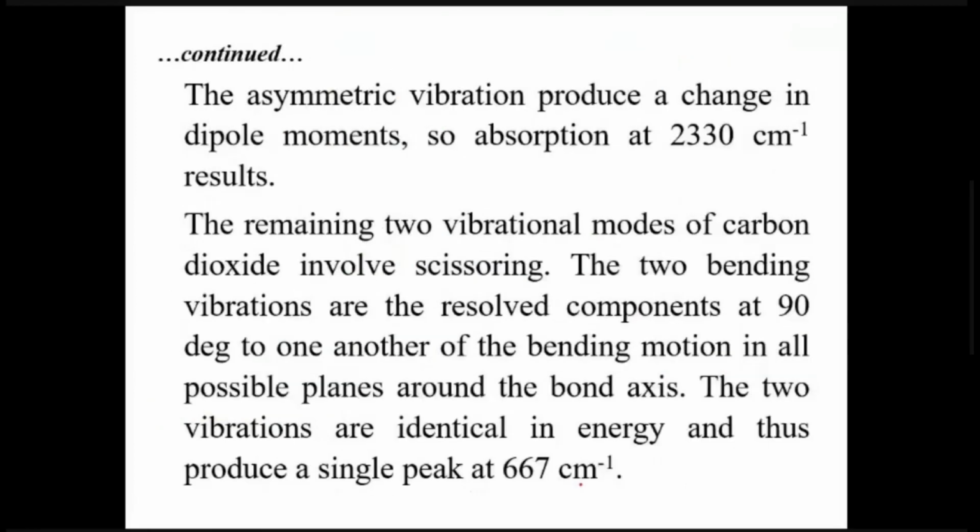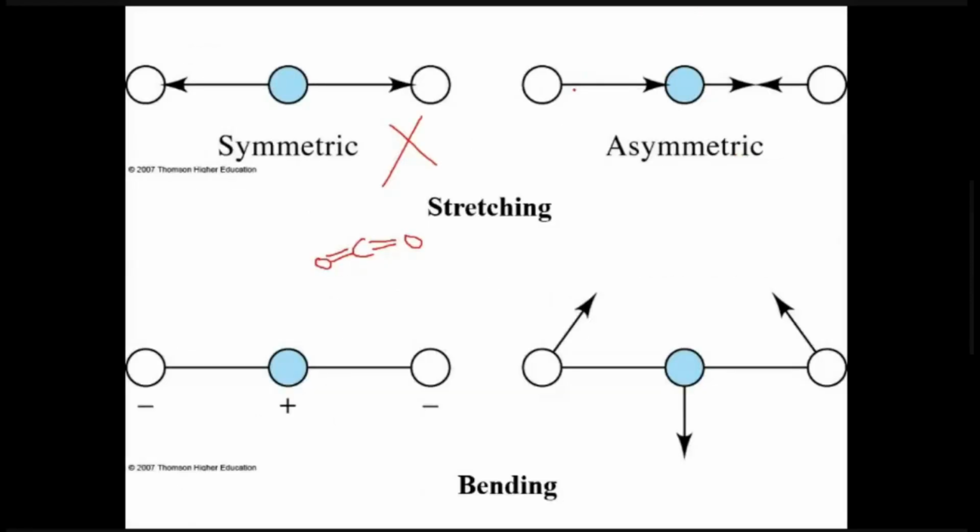Moving further, the asymmetric vibration produces a change in dipole moment, so absorption is at 2330 centimeter inverse. Now, what is expected if this vibration occurs like this? We expect it at 1700 centimeter inverse.